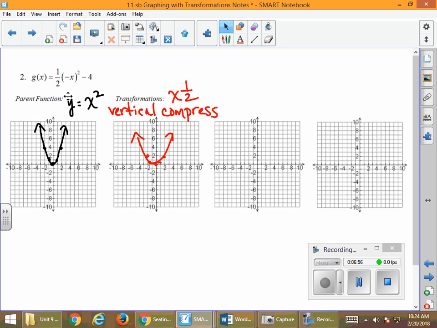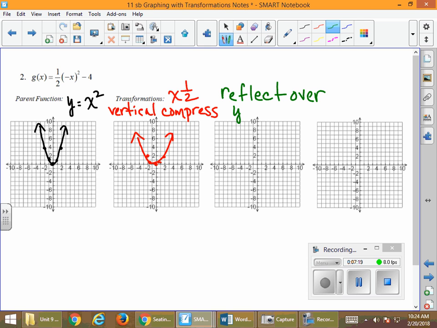But again, we're reading left to right, so what we see inside the parentheses now is negative x, and how does that negative inside the function transform our function? Well, this one reflects over the y-axis.